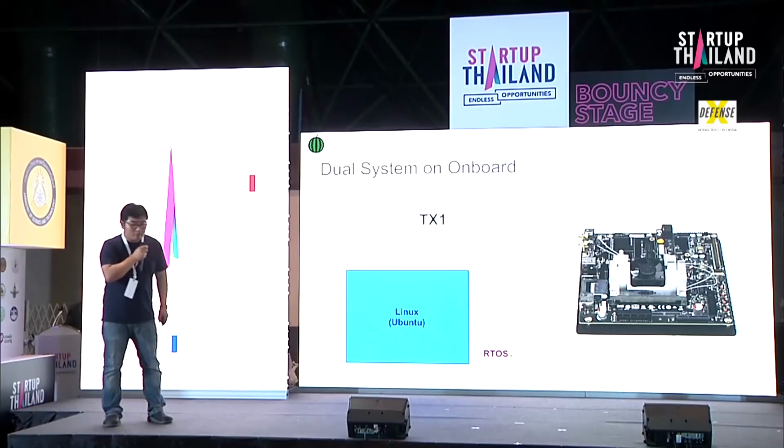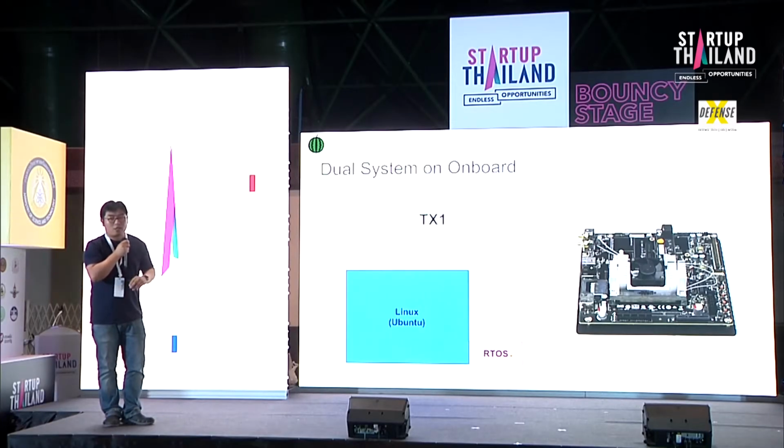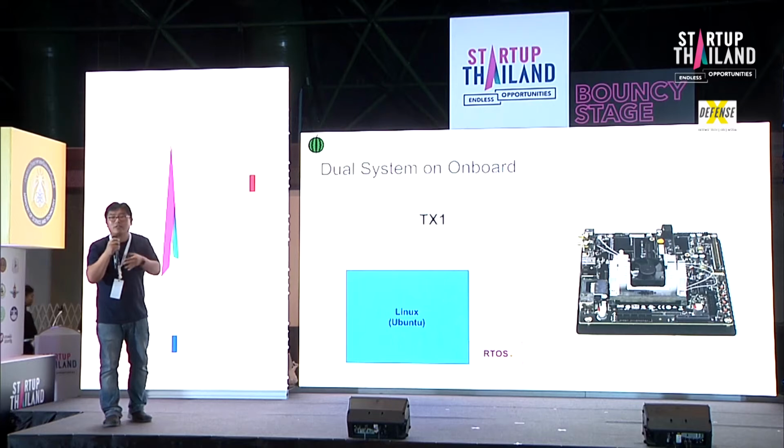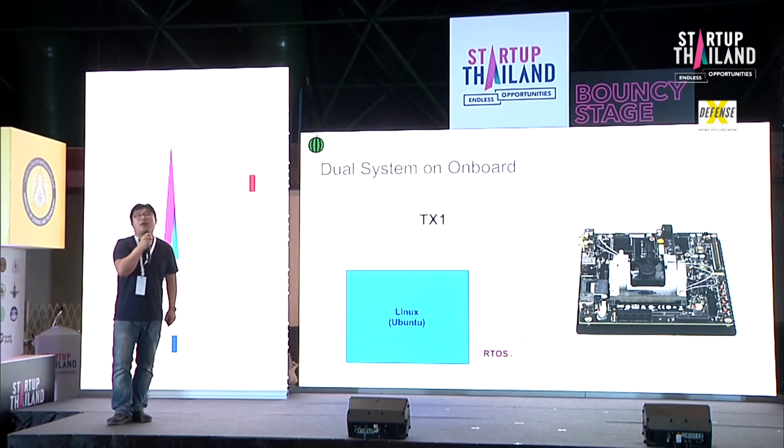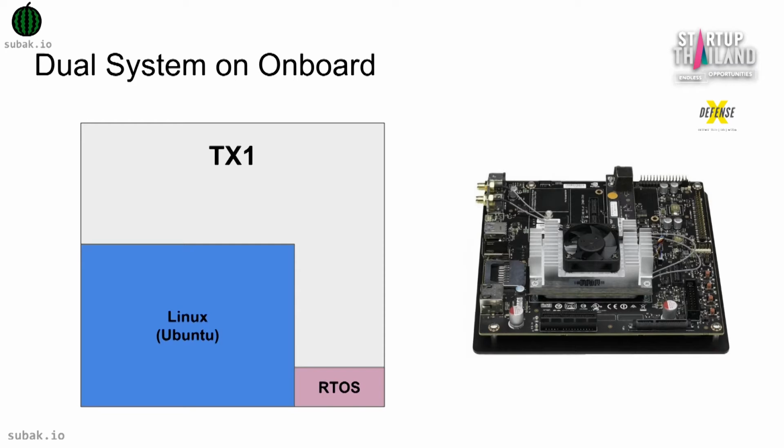And I want to share my experience related to safety and security issues. In drones and cars, usually they need redundancy. Redundancy means the system has a duplicated function or unit.